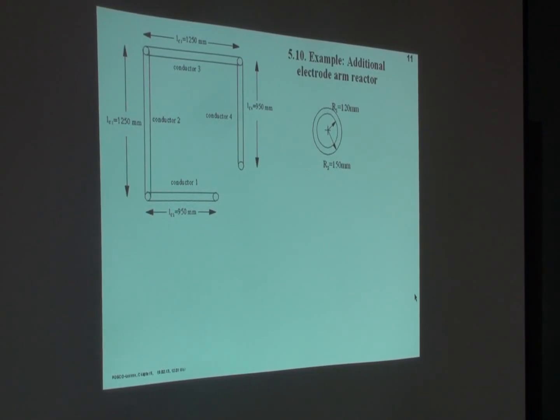The conductors are named 1, 2, 3, 4. Now I will begin with the last one. What do we have to calculate? We have to calculate the 4 conductors.